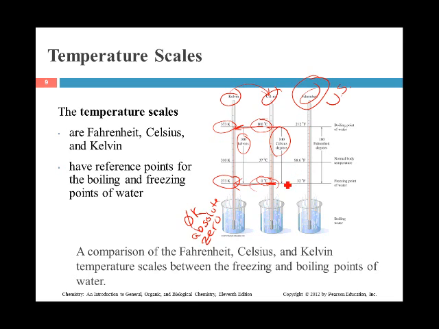But you notice that there is 100 degrees between 0 and 100 Celsius, and there's 180 between 32 and 212. That is going to become relevant in about 5 seconds when we start determining how to convert back and forth, because in order to communicate with people in other countries, we need to be able to do that.